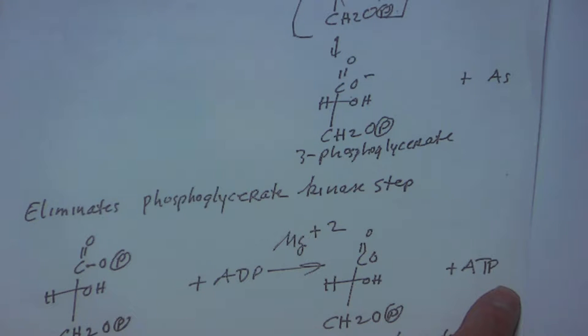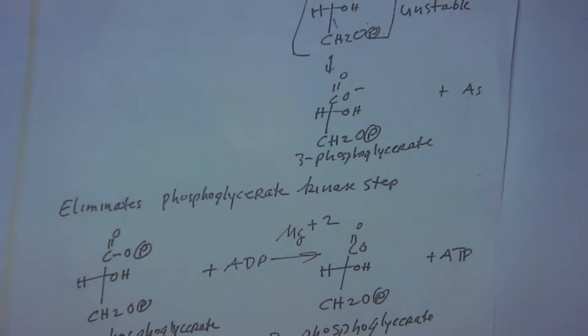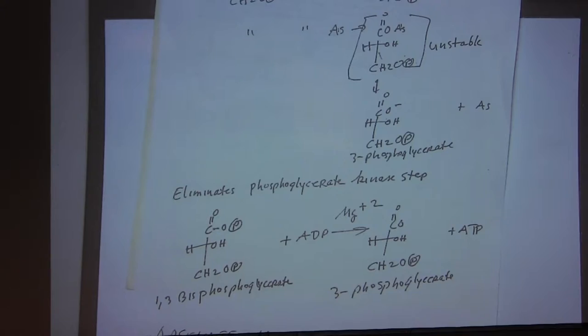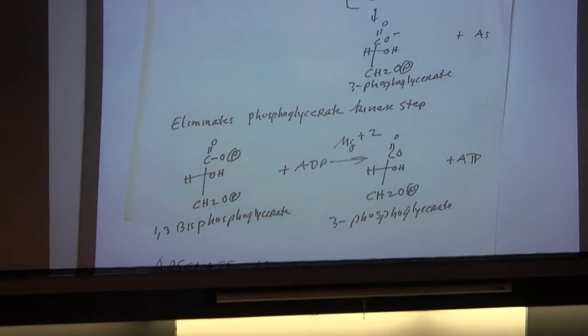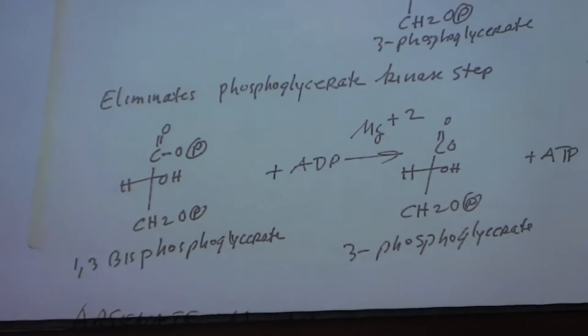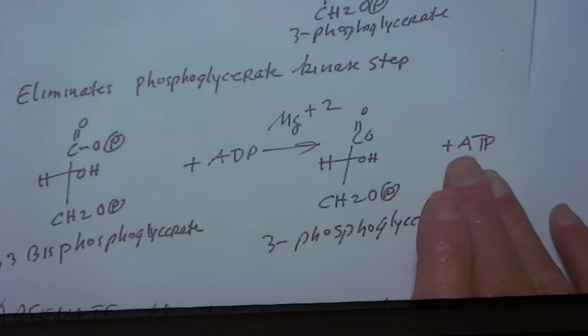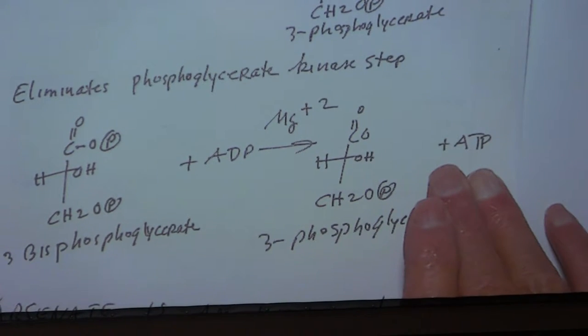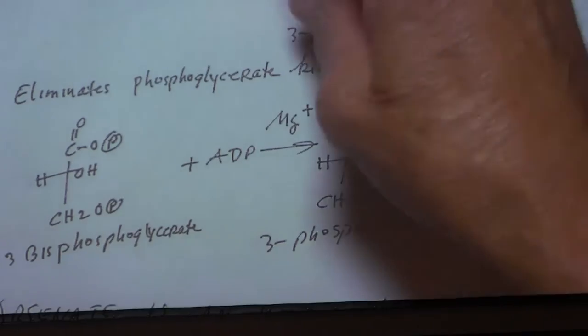Why is that bad? Because, remember, in the first part of glycolysis, we use 2 ATPs. The net process of glycolysis was supposed to make 2 ATPs overall, right? Here, this step is eliminated because you go directly. Just look at this now.